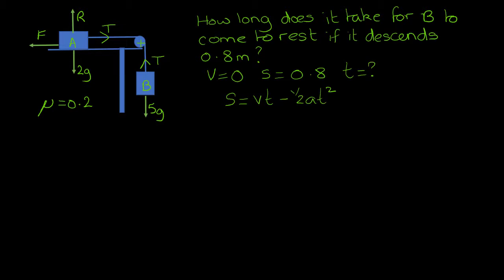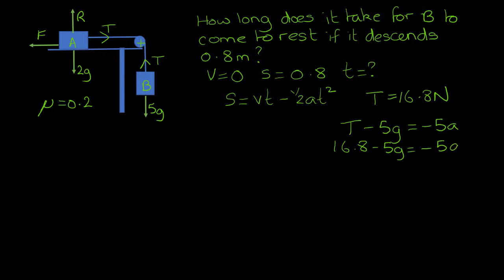So we know now that T equals 16.8 newtons, and we knew that T minus 5g equaled minus 5a. So we've got 16.8 minus 5g equals minus 5a.